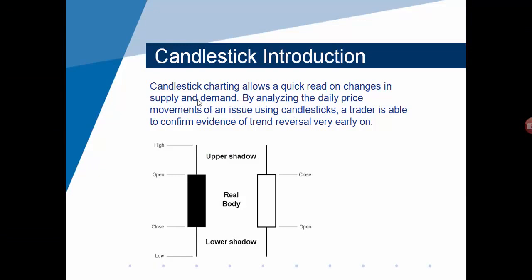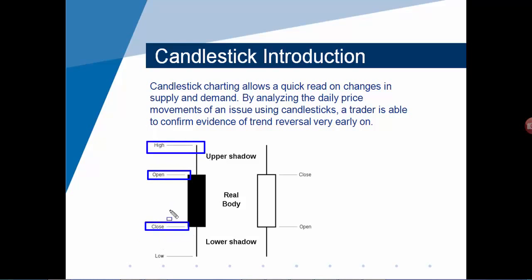All right, so candlestick charting allows a quick read on changes in supply and demand, or basically when price hits a level of resistance and support. Now, there are four basic parts of your candlestick. We have the open, we have the close, we have the high, and we have the low. This basically represents, guess what?